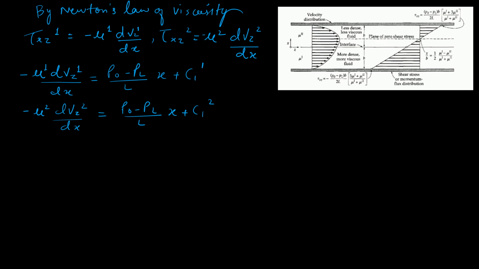Now integrating both equations, what do we get? dvz equals minus (P naught minus PL) upon mu L x minus C1 upon mu1.